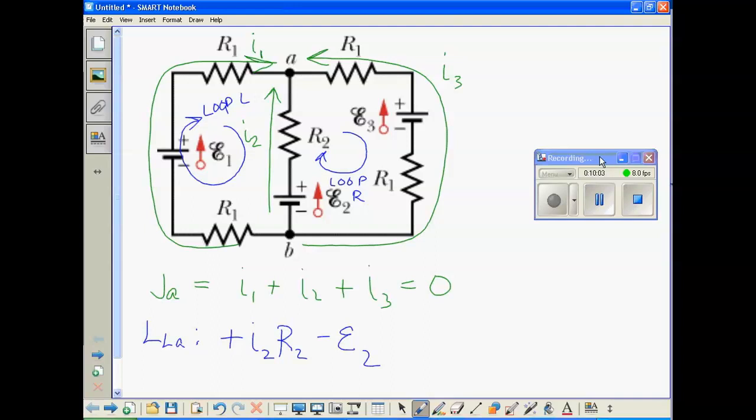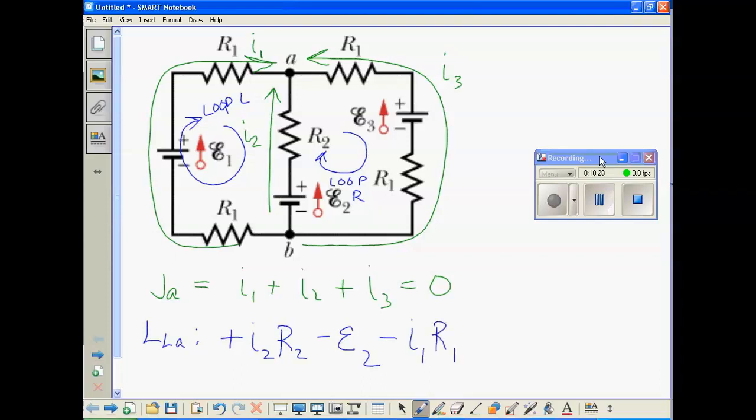Now I'm going to continue clockwise around the left loop. So I go through R1. Now if you look, what current is going through R1? That's not I2. That's only the current in the center little branch. It's I1 in that entire branch. Now I'm going in the direction that I chose for the current. So when they match, it's a voltage drop of the current times the resistance.